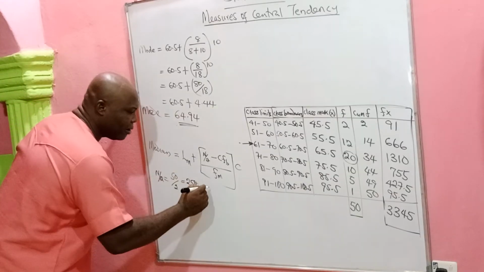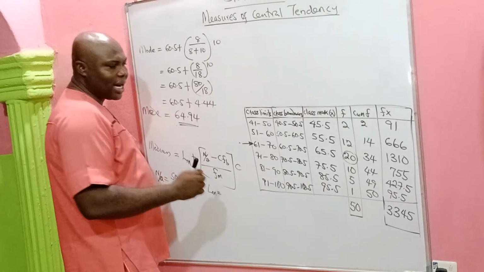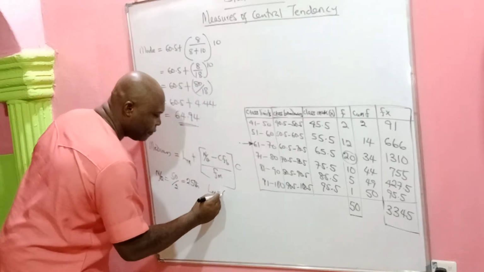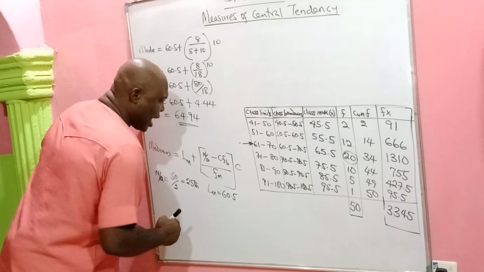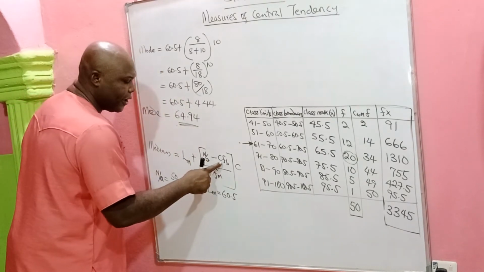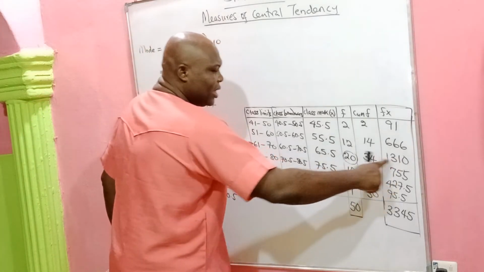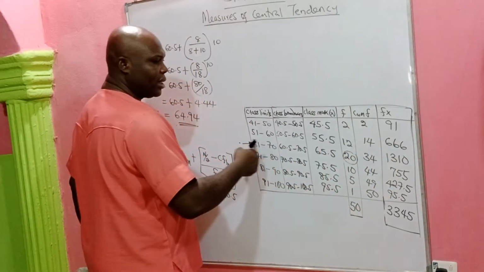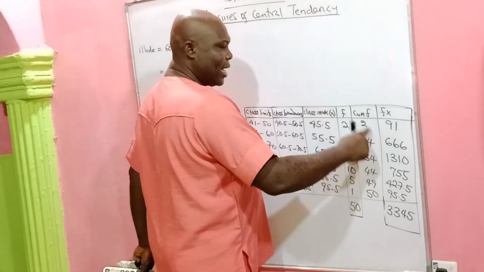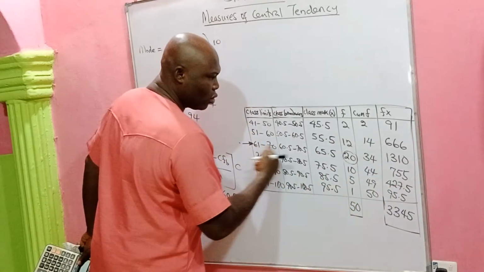The first one is L of M, which, as we said, is the lower boundary of that median class, which is 60.5. And then we've gotten n over 2, which is the rank, 25. Then the cumulative frequency before the median class. Before this class that we have ticked, what is the cumulative frequency?